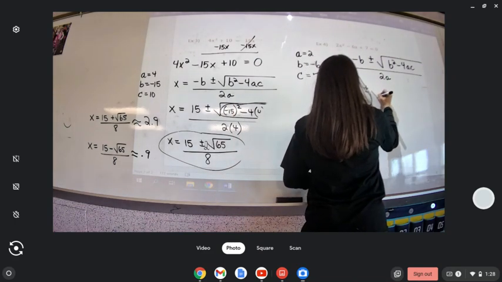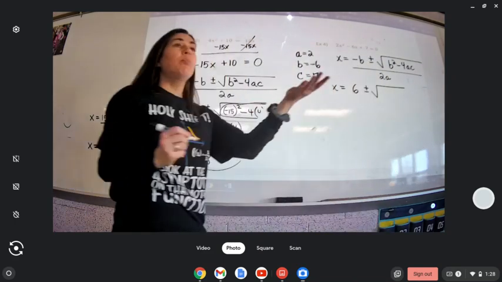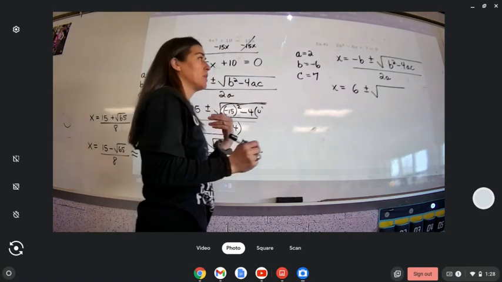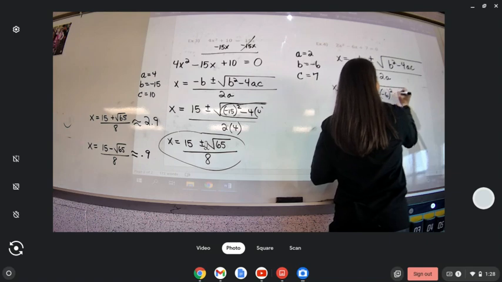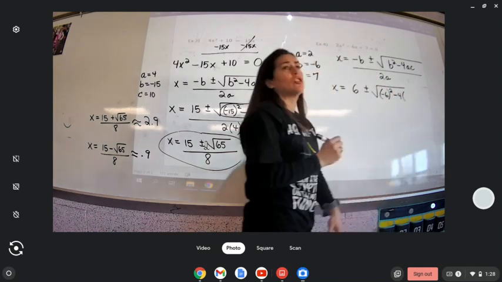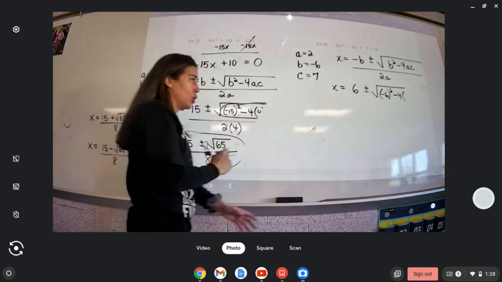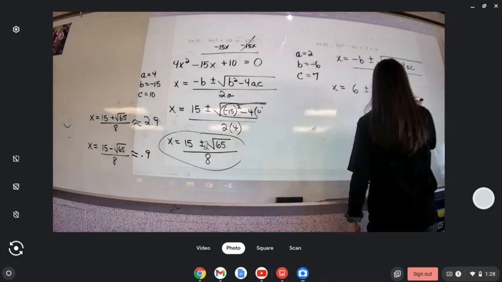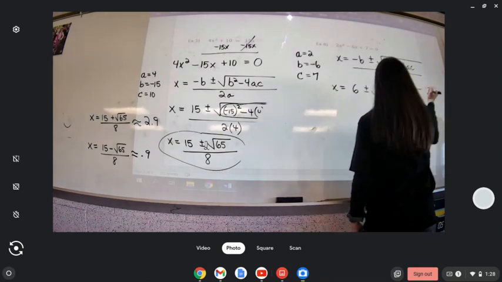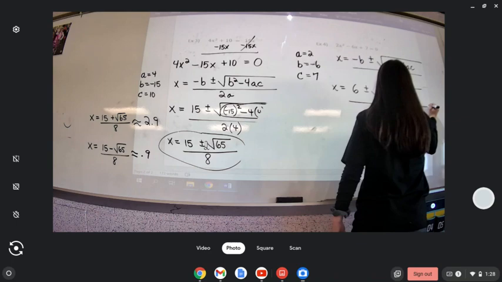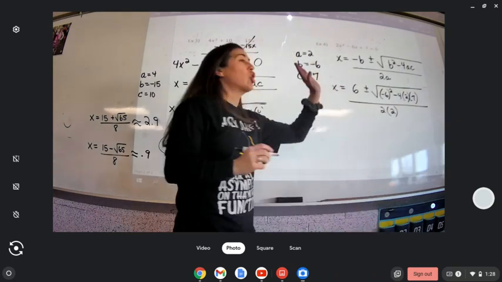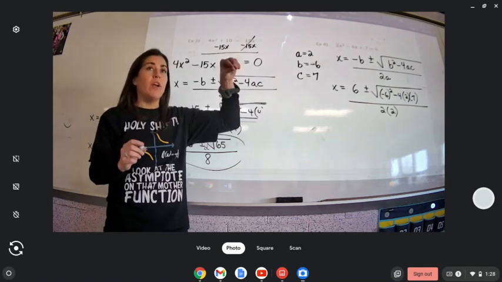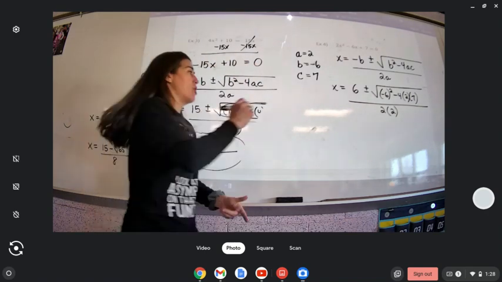And then plus or minus the square root of, now you got to plug in B. Who's B? -6, and we're going to do what? Square. And then subtract 4 times, who's A? 2 times C, which is 7. And then the whole thing is going to be divided by 2 times A, which is 2. All right, go to that B squared minus 4AC. What number will we be taking the square root of?